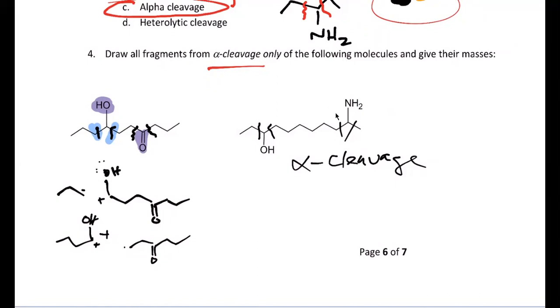That's why I put it there, as opposed to putting the radical there. Does it matter? Say if I put the plus on the other one, would it be wrong? Well, for the scope of what we're talking about, no. But under normal circumstances, you're making a primary carbocation with no stabilization, as opposed to making a primary carbocation on the other side where you can stabilize through resonance. But for what we're doing now, no, I wouldn't penalize you for that.